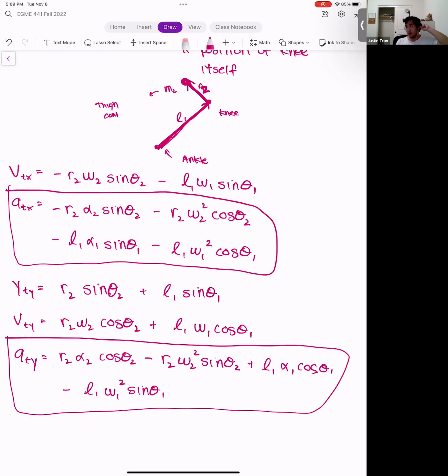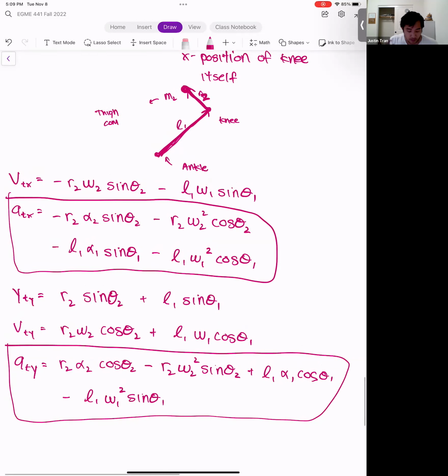Okay. All right. And so those are the accelerations in the x and y directions.